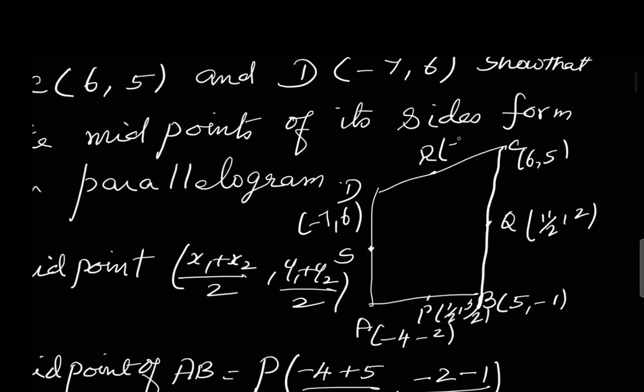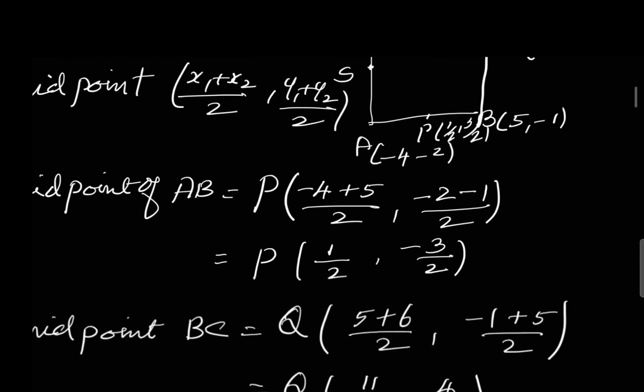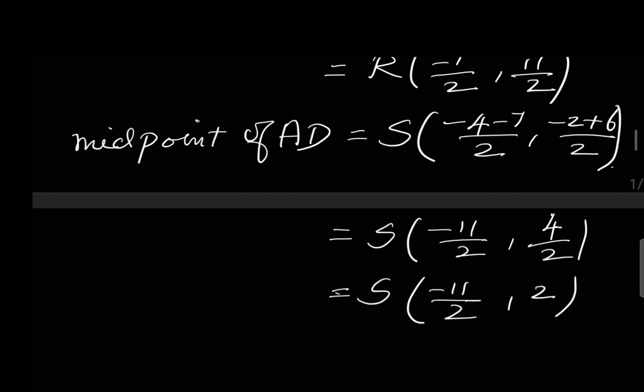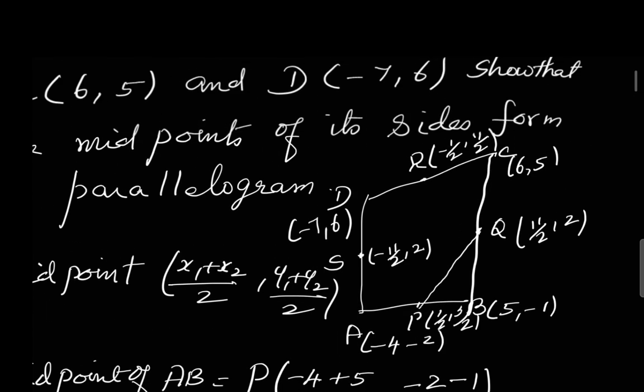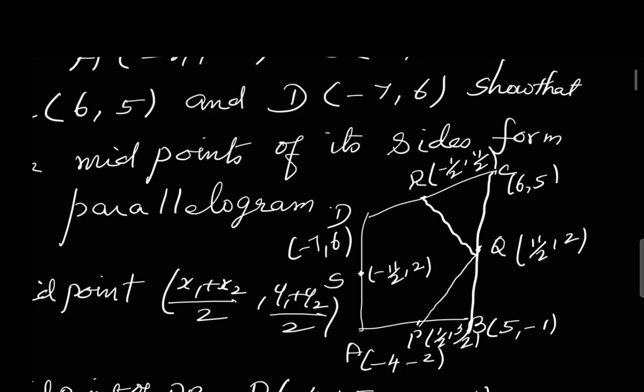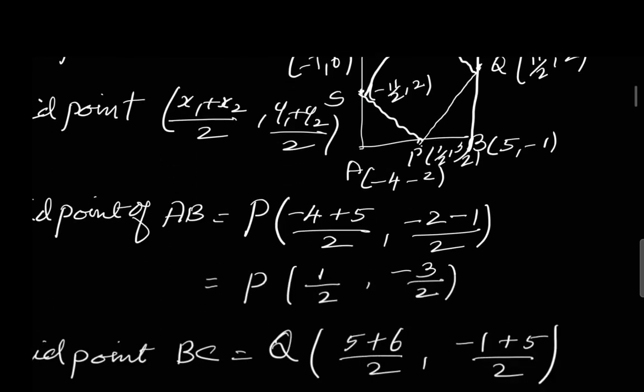And S is minus 11 by 2, comma, 2. Now you join the points: join PQ, QR, then RS, and then PS. We have to show this PQRS is a parallelogram.